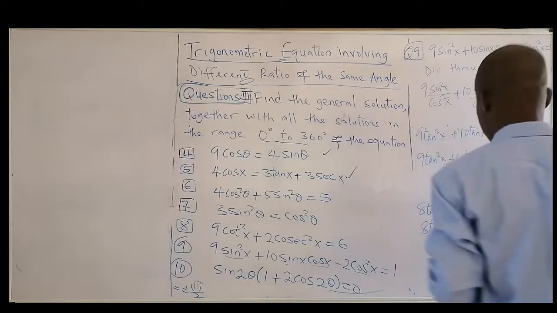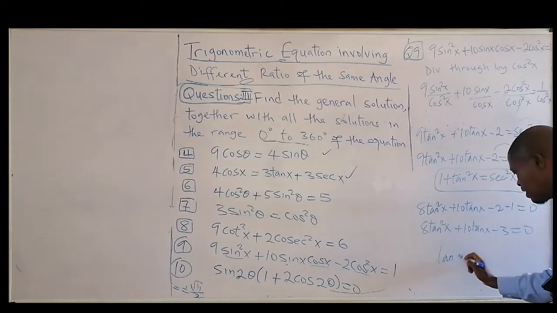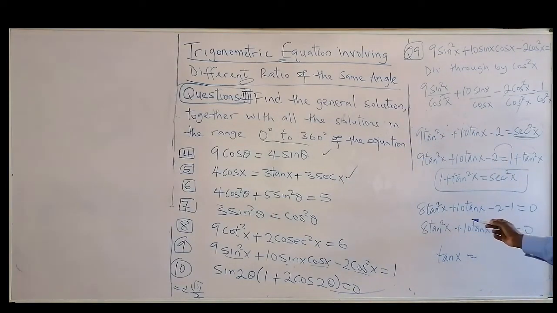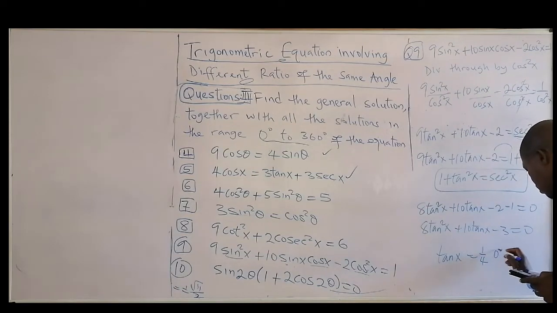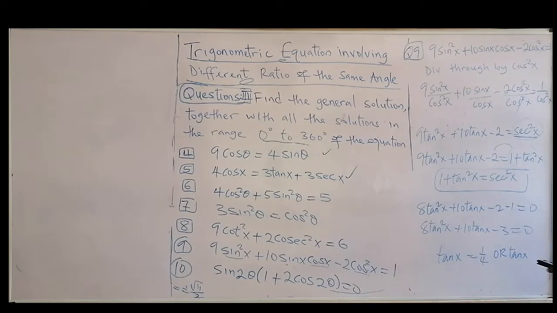So we can get the tan x in this equation by substituting the coefficients into a calculator. So tan x is 1 over 4, or tan x is minus 3 over 2.